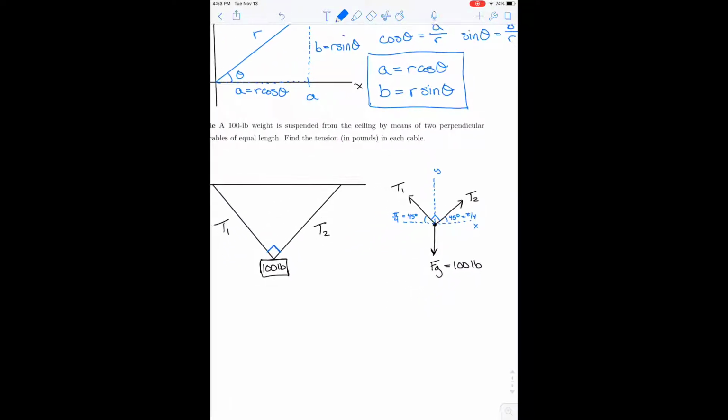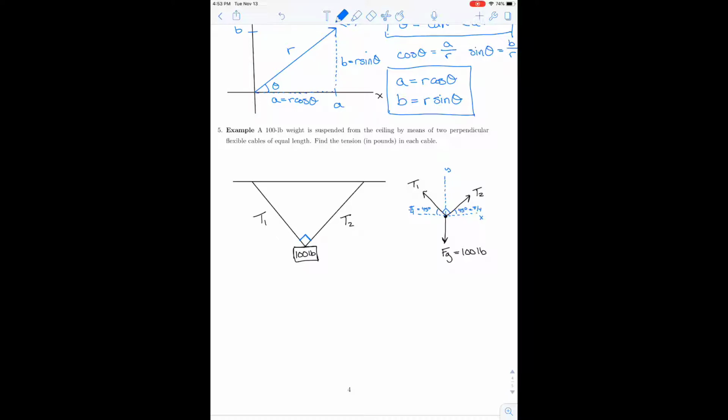Now, because this weight is suspended from the ceiling and it is not moving, the sum of all the forces must equal mass times acceleration, but that acceleration is 0, so the sum of all the forces, which are vectors, is equal to 0.